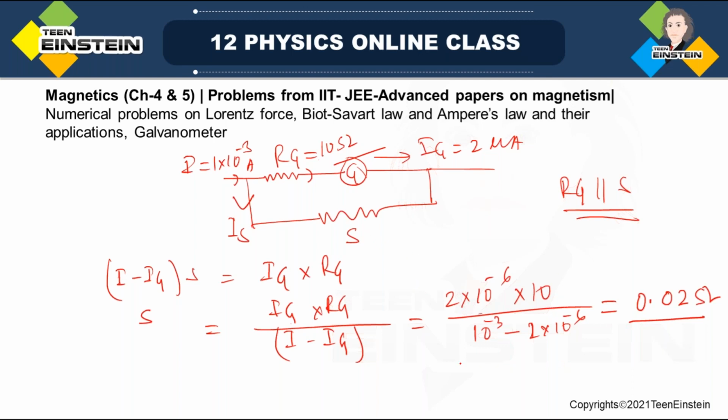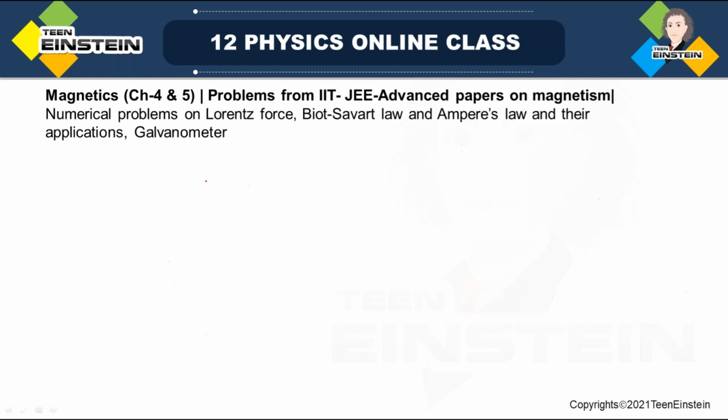So what is the resistance of the ammeter? Rg is 10 ohm and S is 0.02 ohm, which I can write as 2 into 10 to the power minus 2 ohm. Now the resistance of the ammeter, Ra, I am writing. It is a parallel combination, right?